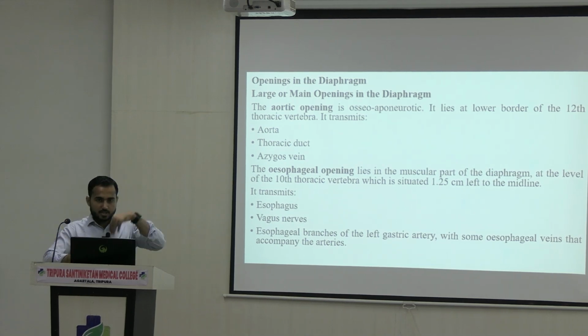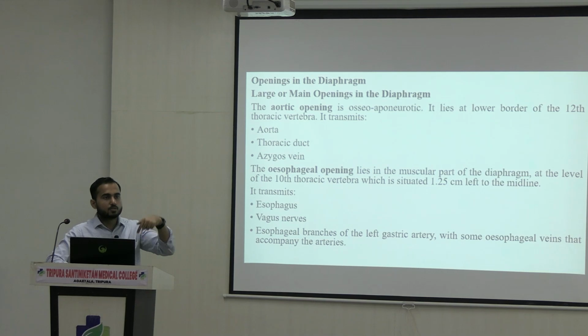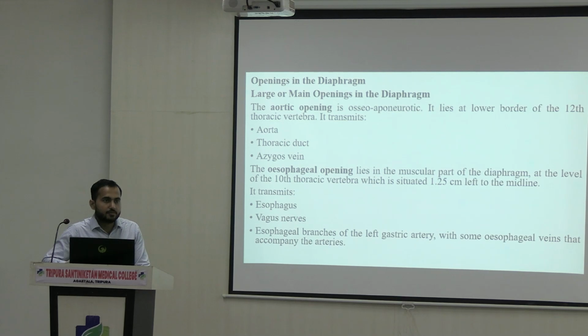Yes, very good. The IVC, inferior vena cava, then the thoracic duct, the azygous vein and the hemiazygous vein. These are the structures which are ascending.